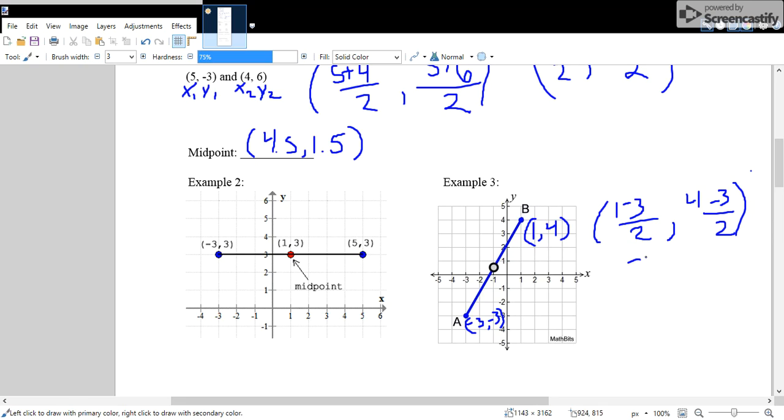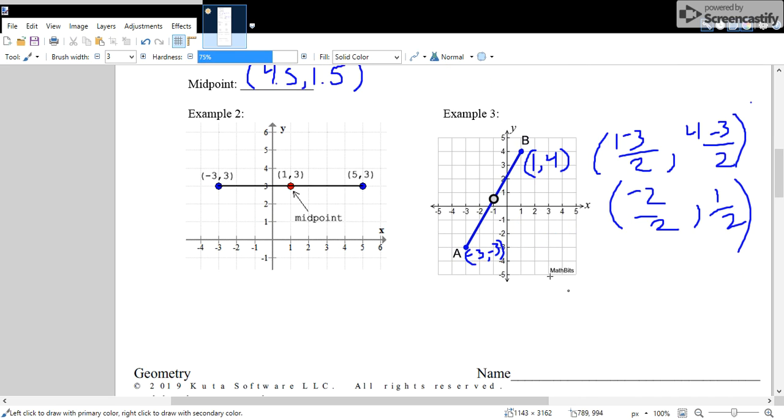So we have -2 over 2 and 1 over 2. So our midpoint right here, this point right here, is -1, 1/2. That is our midpoint.